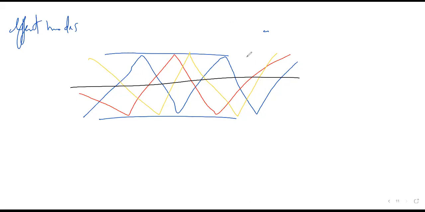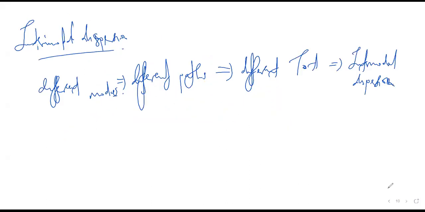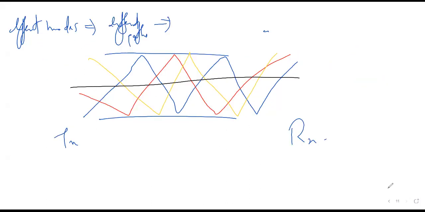My different modes are obviously taking different paths from the transmission side to the receiving side: the yellow path, the red path, the blue path. Different paths. Next, we have different times of arrival at the receiving side.